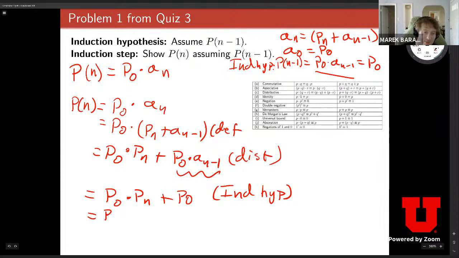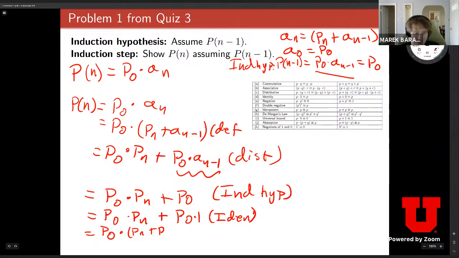So P0 times Pn plus P0 times 1, and that's the identity. Then we can use the distributive rule to get P0 times (Pn plus 1), and that is by distributive.